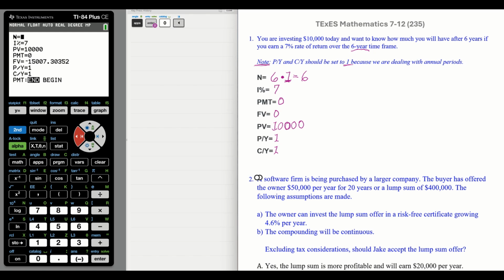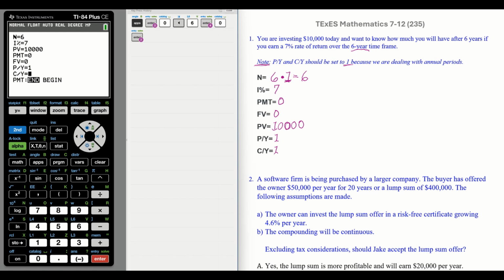Now let's go over to our calculator. We need to put in 6 because it's 6 times 1, and enter. We already have a 7 in there, so we can enter. Our $10,000 is there for us. We can enter. Payment has to be 0. Now we have to push 0 for the future value for now. And we have 1 here, and that's supposed to be there.